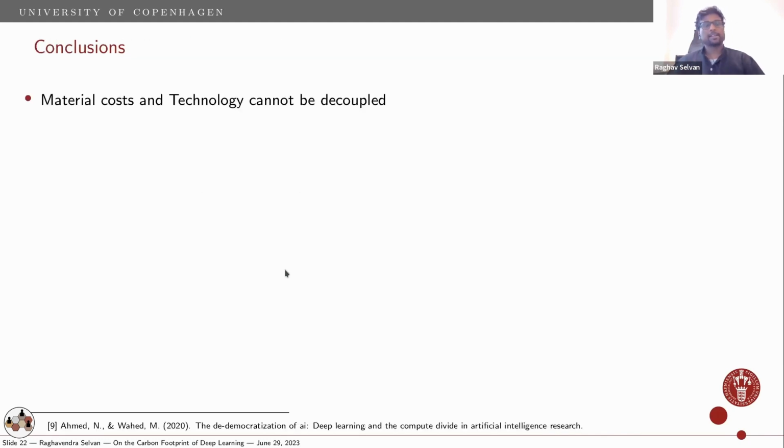So, to give a high-level thesis of the work that we are doing: this is why I think it's important to look at the sustainability of machine learning, because the technology can never be decoupled from its material costs.